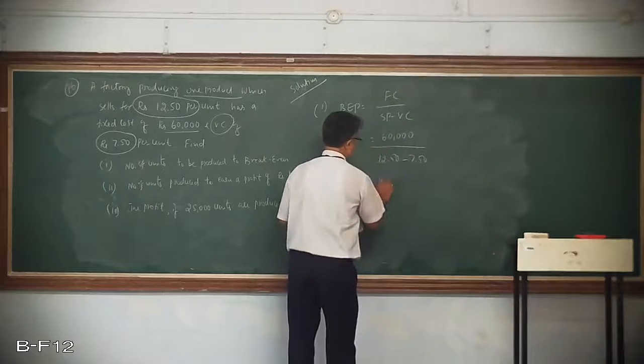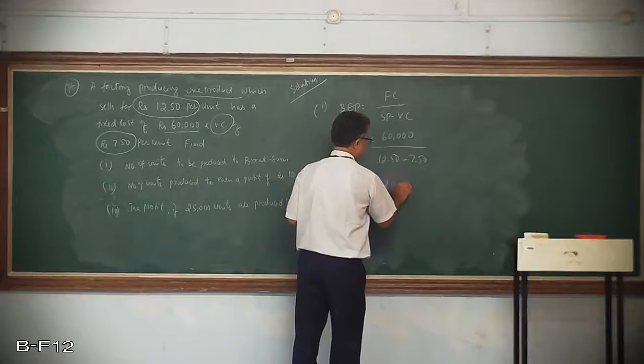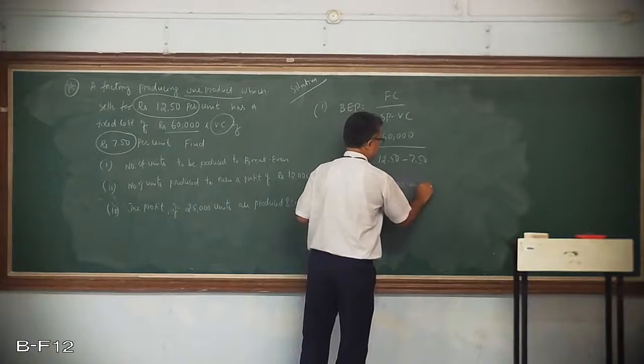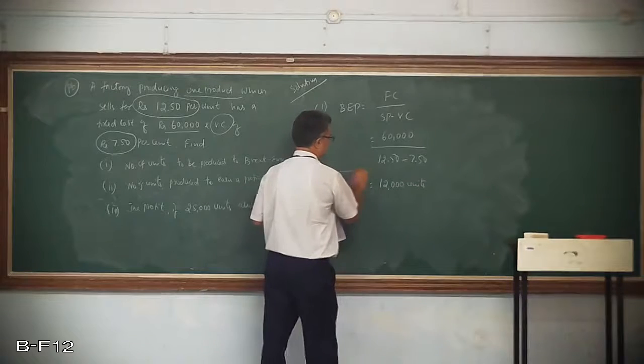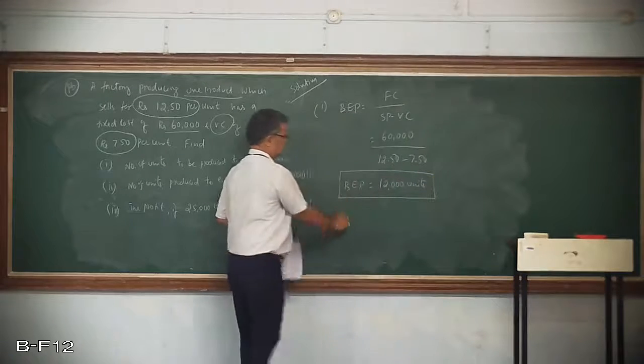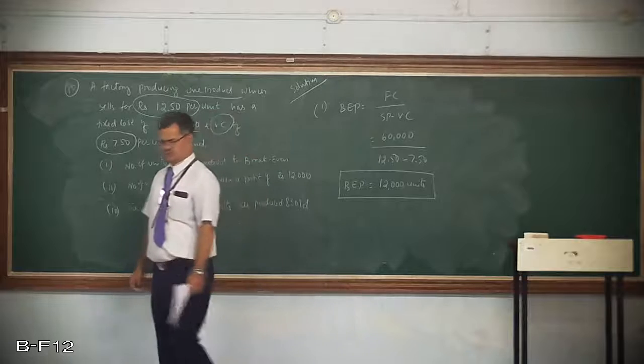That is 12,000 units. It's the quantity to be produced for break-even. BEP is 12,000 units.